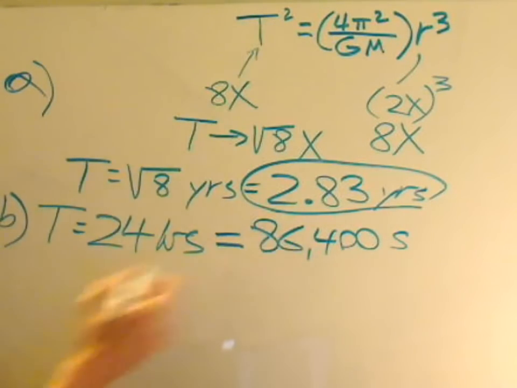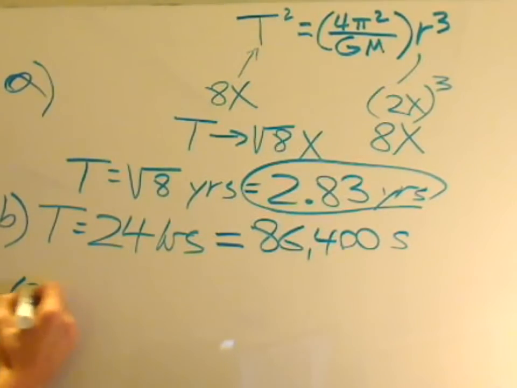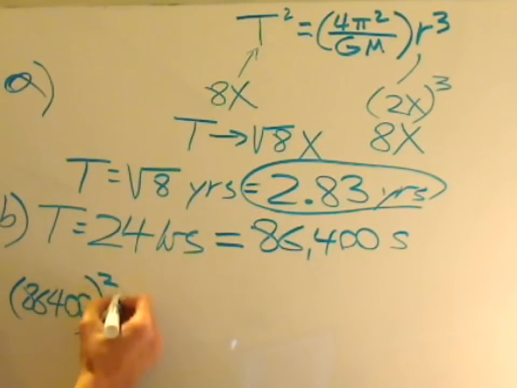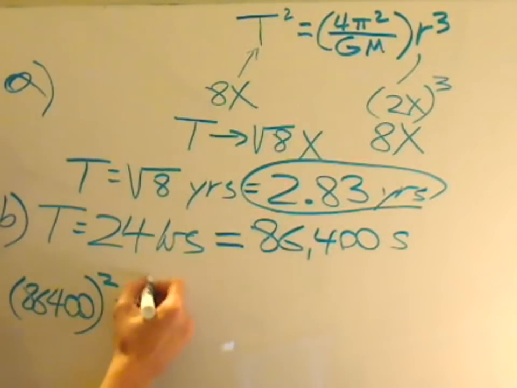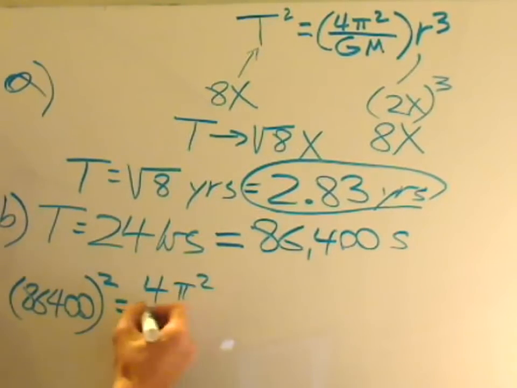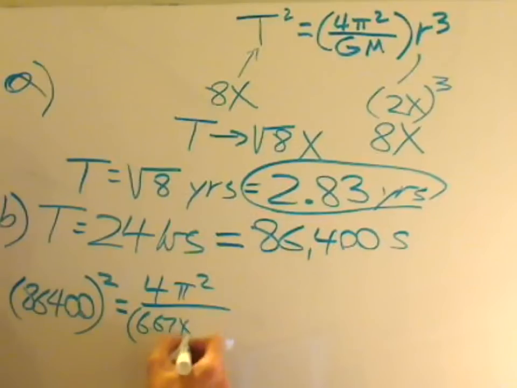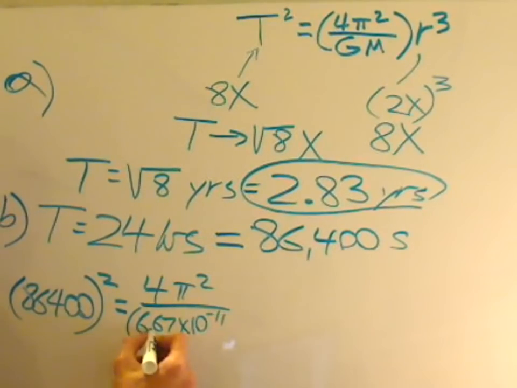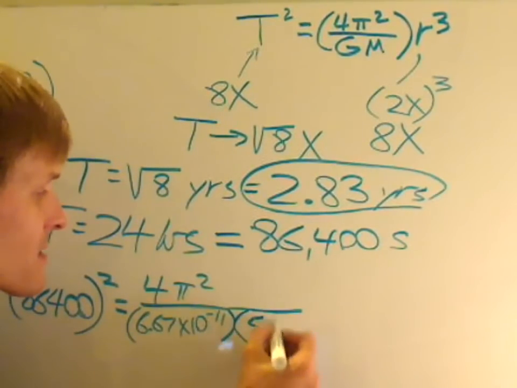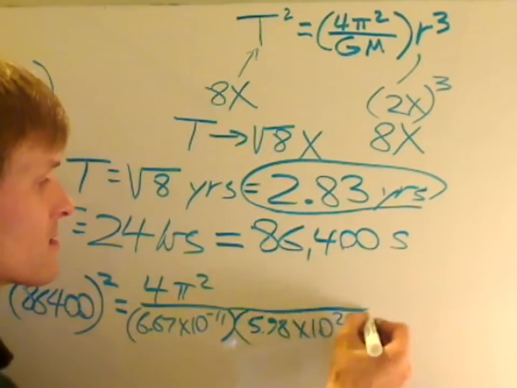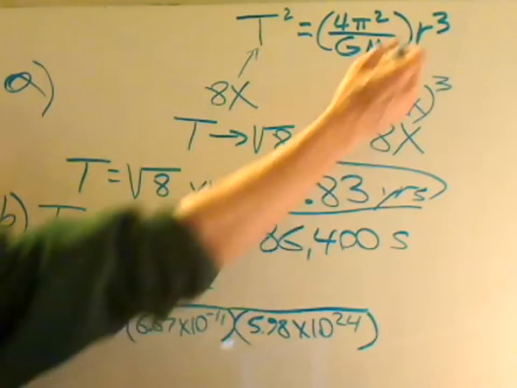The period, 86,400 seconds, squared, equals 4 pi squared divided by G, which is again 6.67 times 10 to the minus 11, times the mass of the Earth, 5.98 times 10 to the 24 kilograms, and then we have r cubed over here.